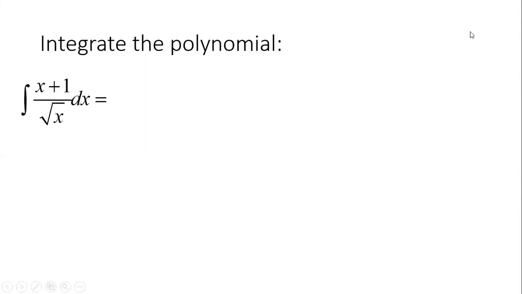This one is going to look a little bit gnarly at first, but we're still going to do all of the same exact steps. First thing we're going to do is rewrite it so that we're not working with any denominators. So I'm going to split this up to be the integral of x over root x dx plus the integral of 1 over root x dx.